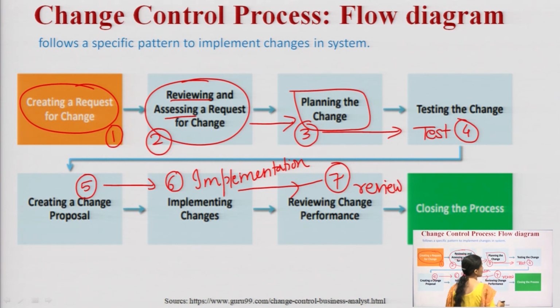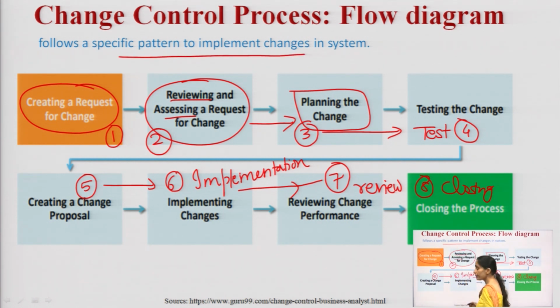This review will tell us how well our new system performs, and then lastly we close it. So, this is how my change control process occurs. It follows a specific pattern to implement the changes in the system. So, it follows a strategic approach. It does not happen in a haphazard way.